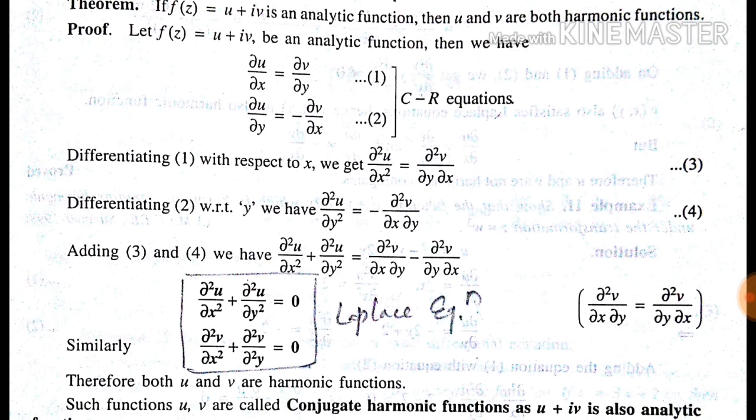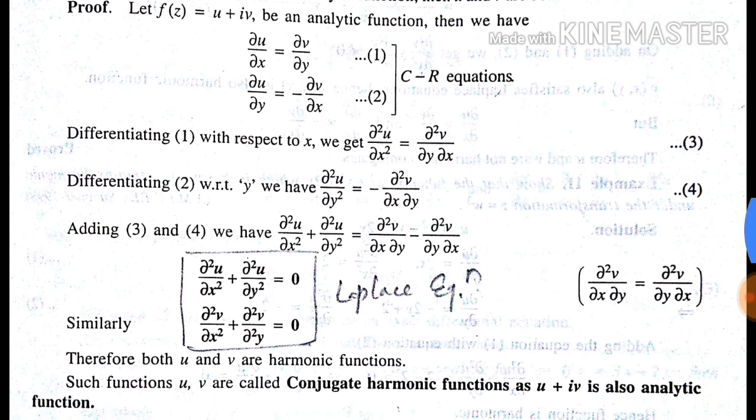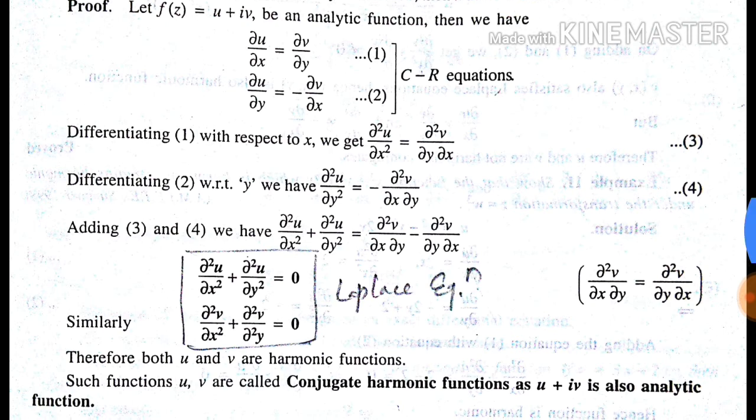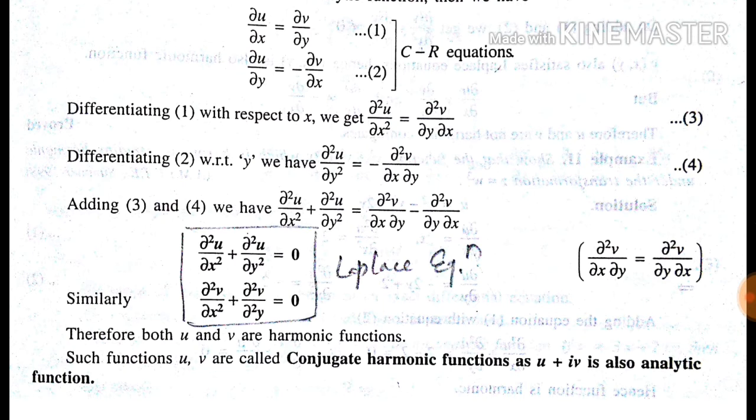Combining these equations 1 and 2 we get the Cauchy-Riemann equations, and differentiating equation 1 with respect to x we get del square u by del x square is equal to del square v by del x del y. This is equation 3, and again differentiating equation 2 with respect to y we get del square u by del y square is equal to minus of del square v by del x del y.